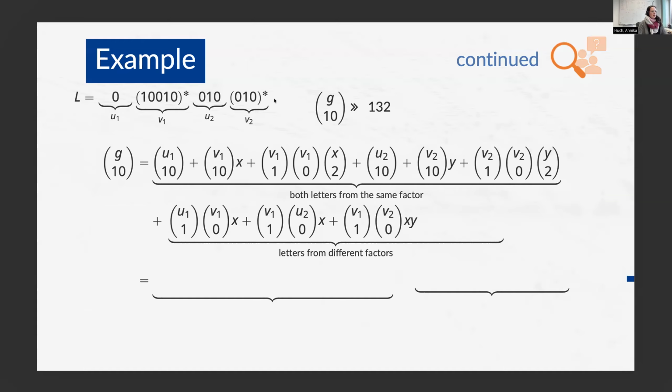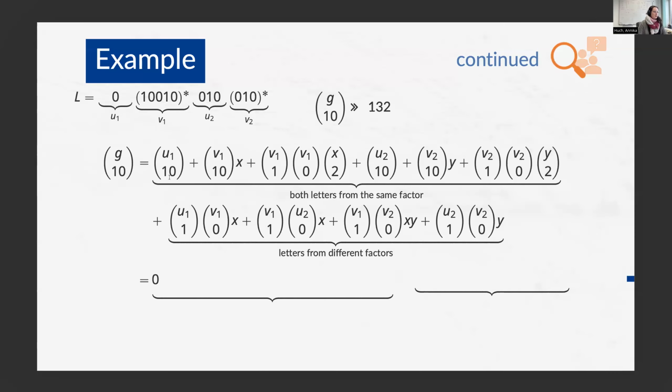Then we have v1 and v2 as combination. Then we get this multiplication of both variables. So you see it gets more and more sophisticated the more loops and the longer the query is. And last but not least, we have the combination of u2 and v2, so times y, because we have the v2 loop here. Okay, and this is all calculable, I guess.